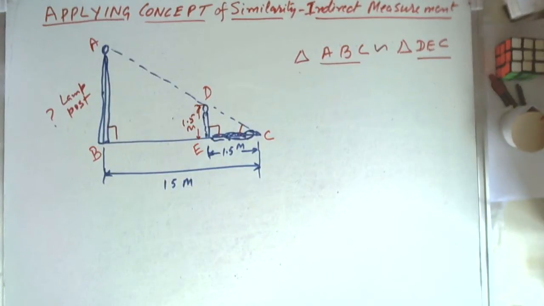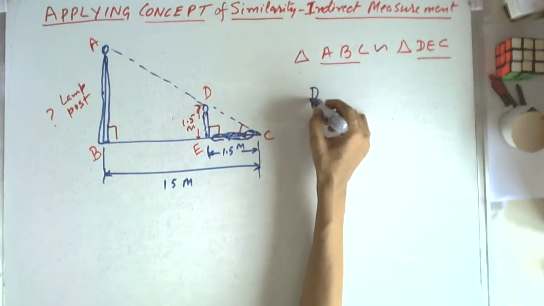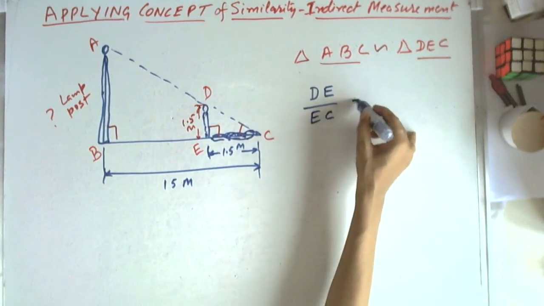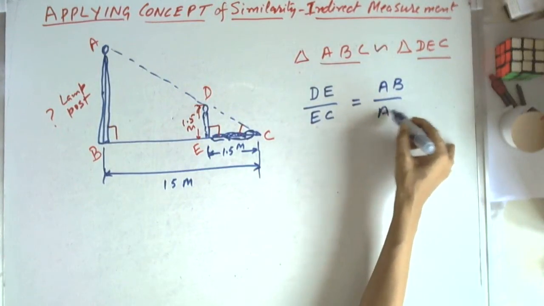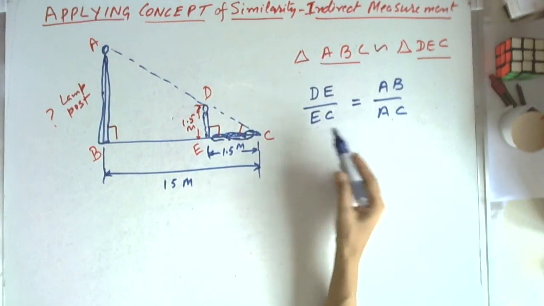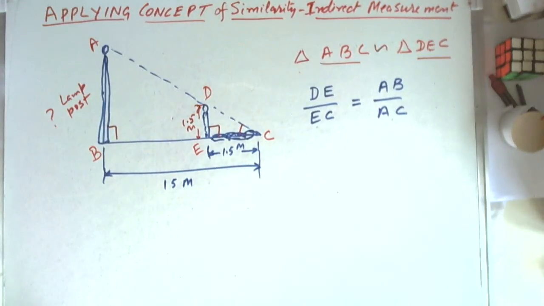So if that is the case, then for these two triangles, the ratio of their sides will be the same. So it means if we take the side versus base, DE over EC will be equal to AB over BC.